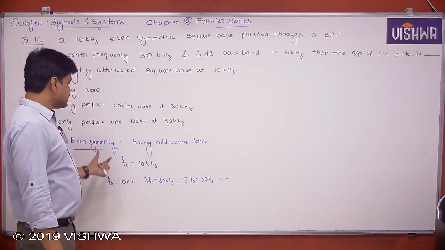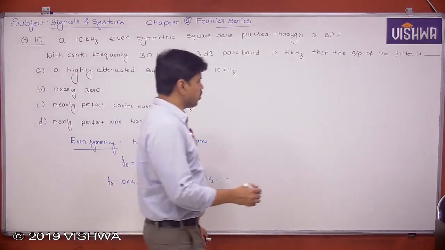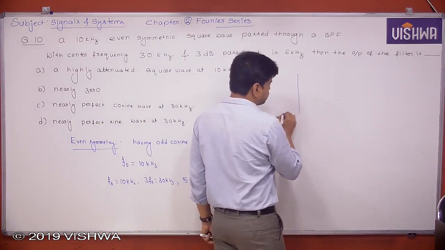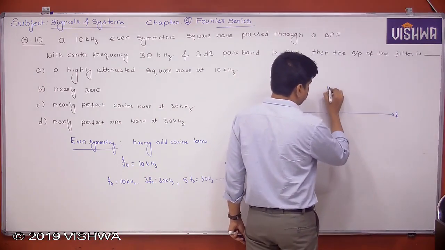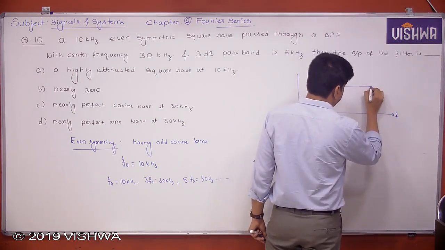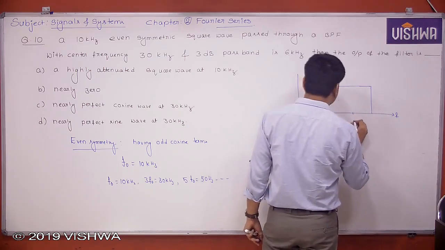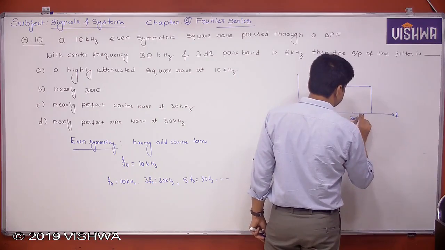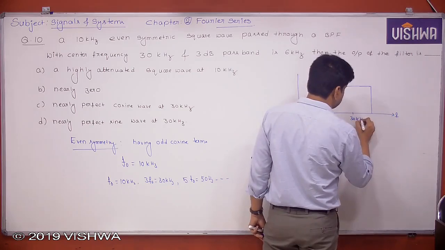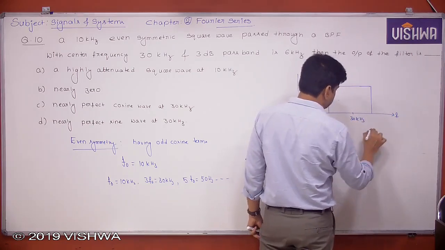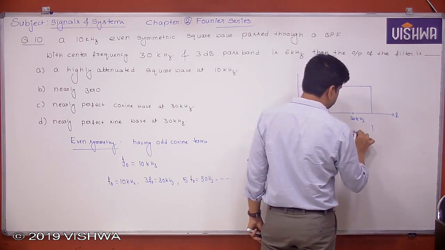Now this wave is passed through a band pass filter. So what is a band pass filter? With the center frequency 30 kilohertz, and the bandwidth is 6 kilohertz.